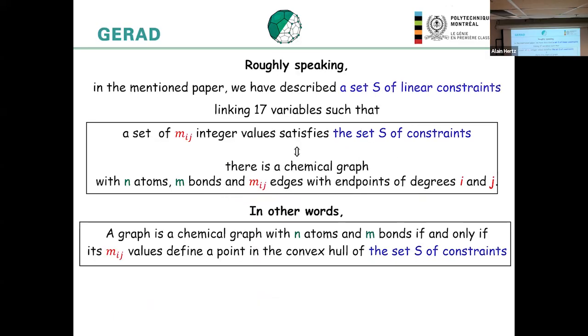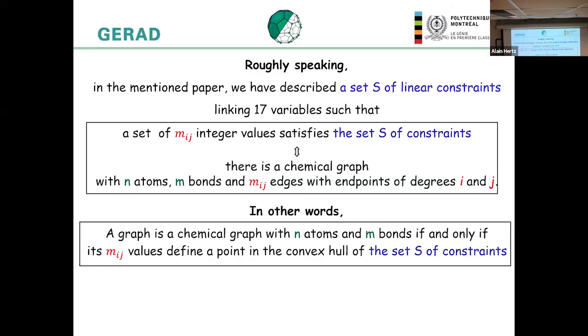So in words, we know that a graph is a chemical graph with n atoms and n bonds if and only if the Mij values that you output satisfy the set of constraints that is in this paper. So we just have to find the best.